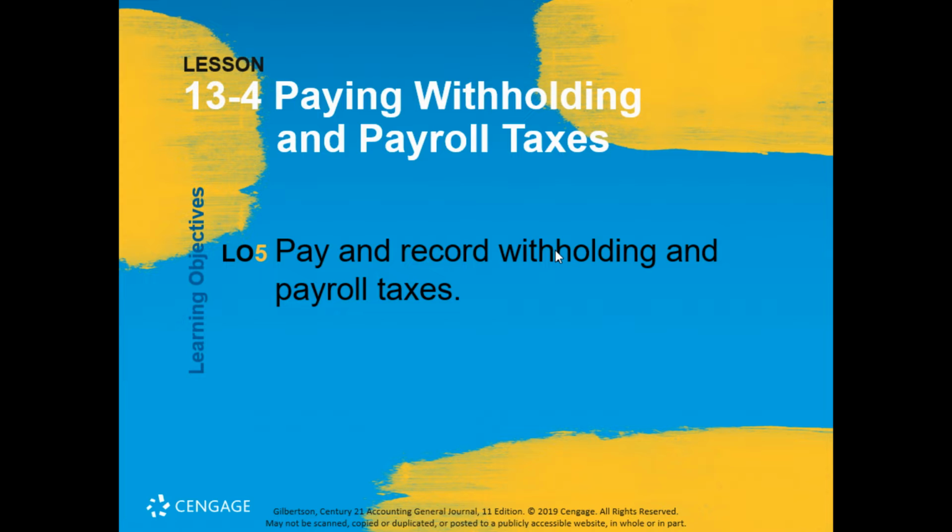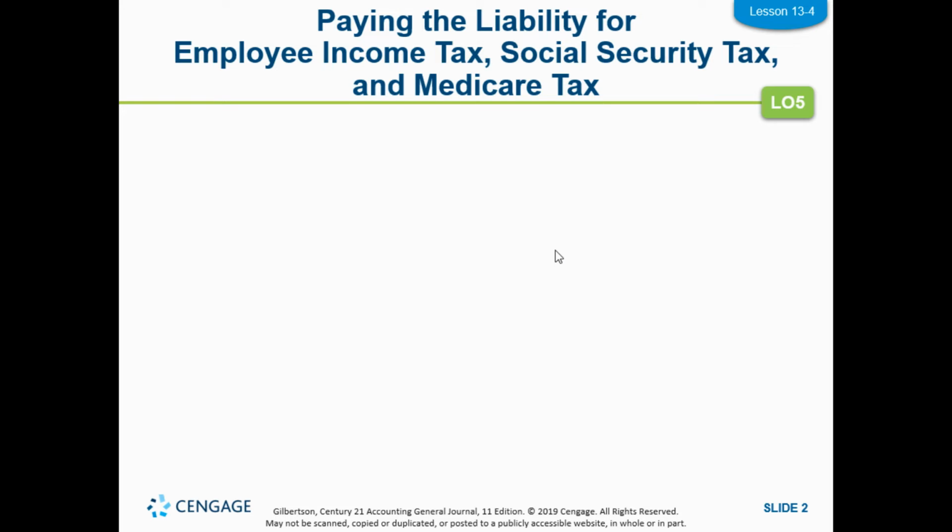We've already journalized that. We've recorded the payables, these liabilities. Now it's time to pay the liabilities. And really what we're doing is we're zeroing out those liabilities that we owe to government entities, federal and state. All right. So here we go, paying the liability for employee income tax and Social Security.